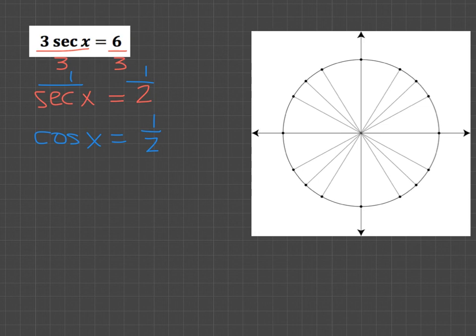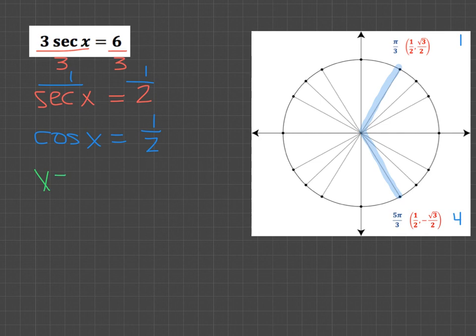So which angles have a positive cosine value? Those are going to be angles in quadrant 1 and quadrant 4. The angles are pi over 3 and 5 pi over 3. Those each have an x-coordinate of 1/2, so the cosine of those angles is 1/2.